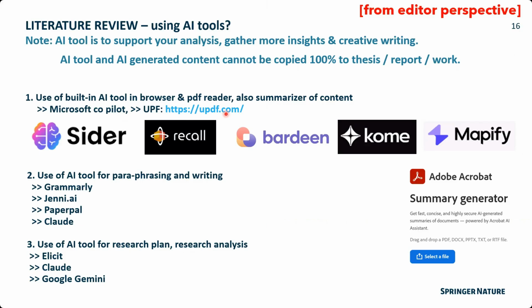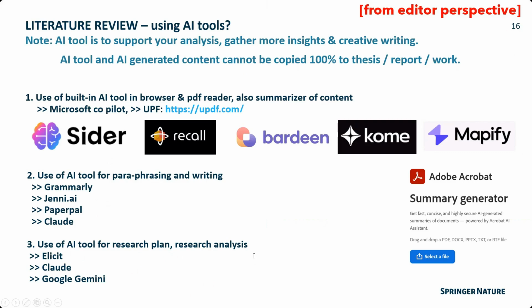I will show you one special feature later. It will interact with the AI tool and it will show you new insights. And then you can use other AI tools to plan your research like Elicit, Claude, and Google Gemini, which recently launched their third language model.